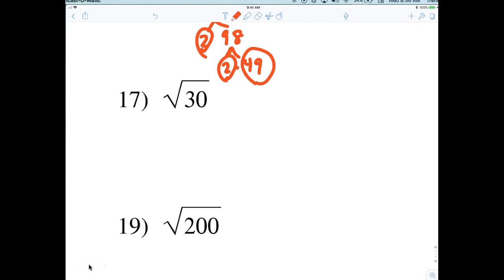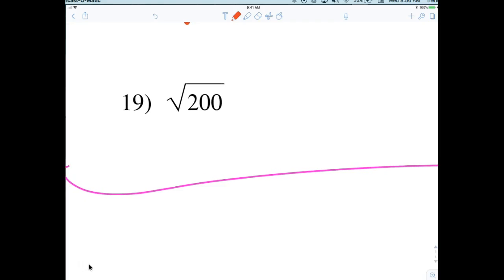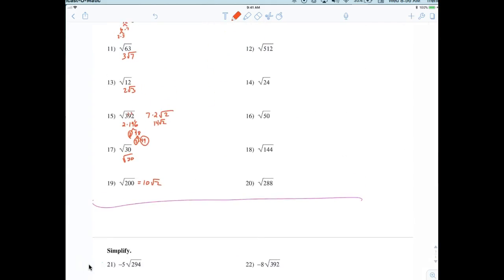It doesn't break down. Square root of 30. Right? 200. What is that? 2 times. Oh, so the answer is 10 radical 2. All right, the answer is 10 radical 2.